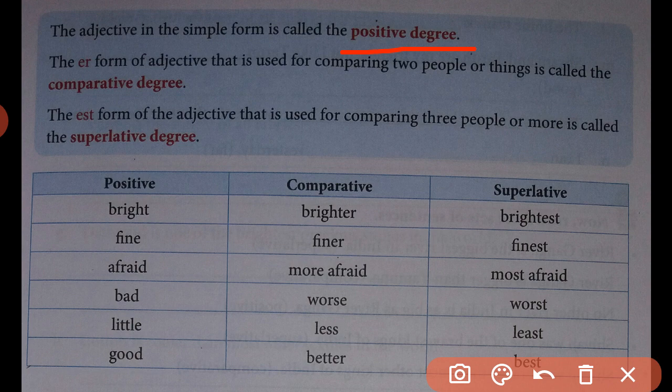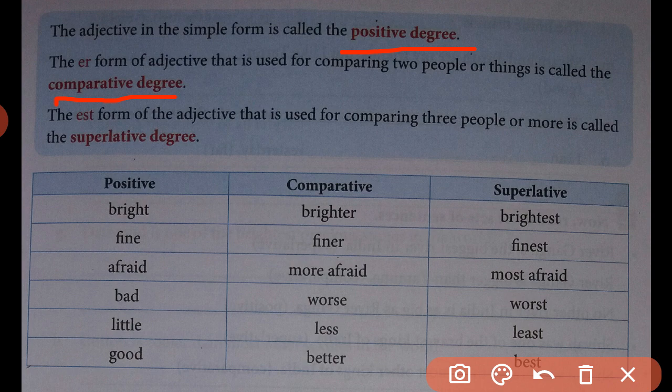Whenever we want to compare two objects or two individuals, then in that case we will go for comparative degree. So for positive degree, if I use adjective good, in comparative form, it becomes better. So here we have in table form given C, comparative degree.